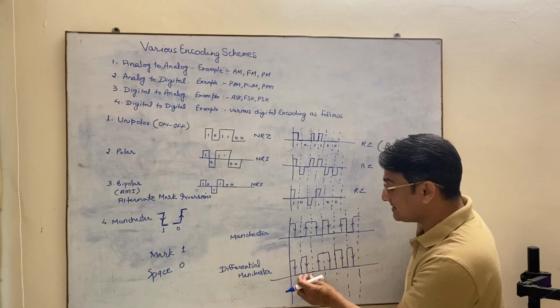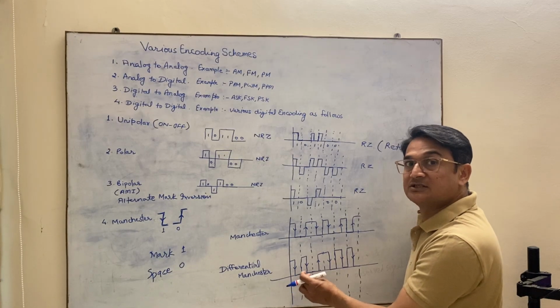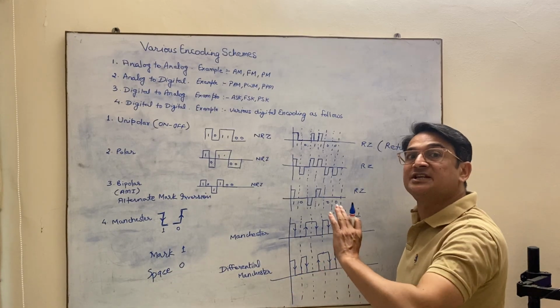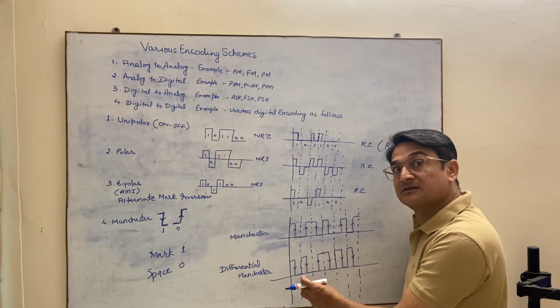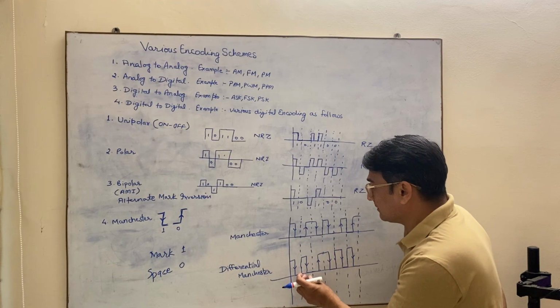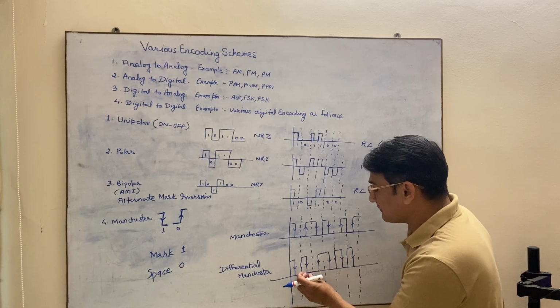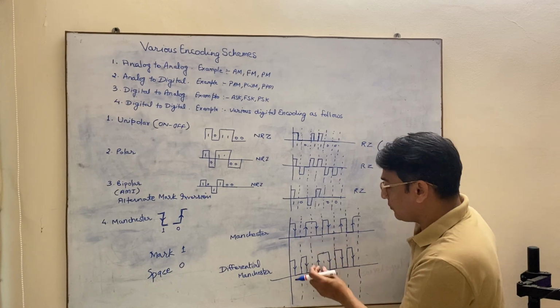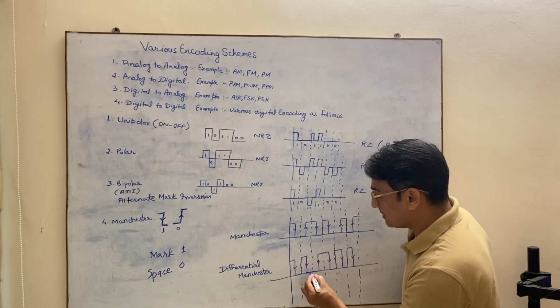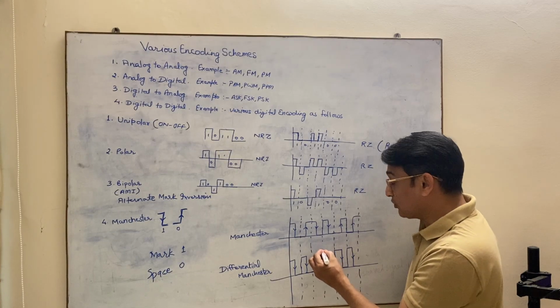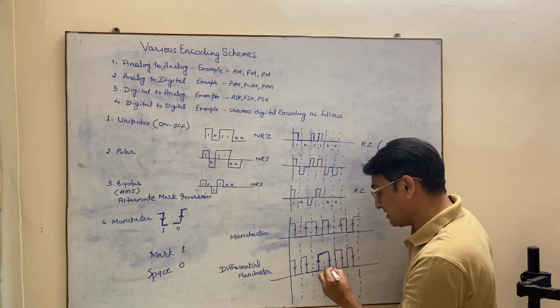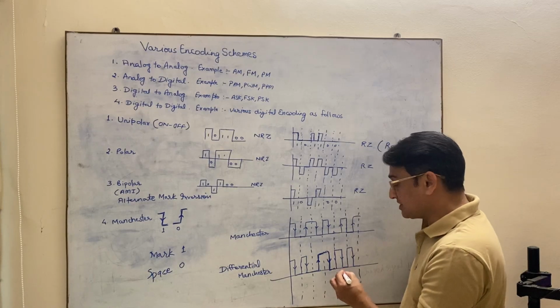So at 0 it is not changing its conversion. It will remain the same as previous denotation. So after 0 it will be 1. So for 0 to 1 it is changing. Then from again 1 to 1 it will again change. So it is again changed.